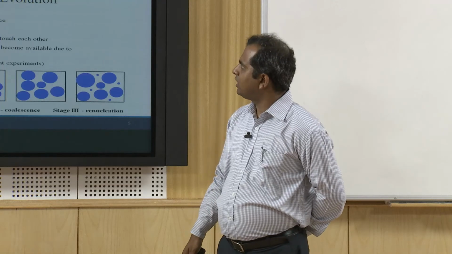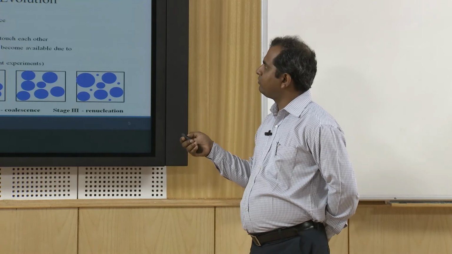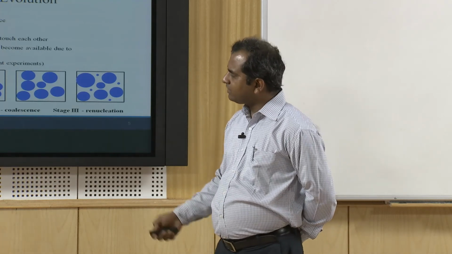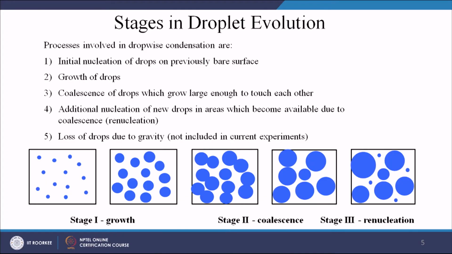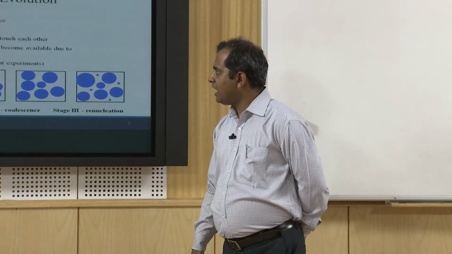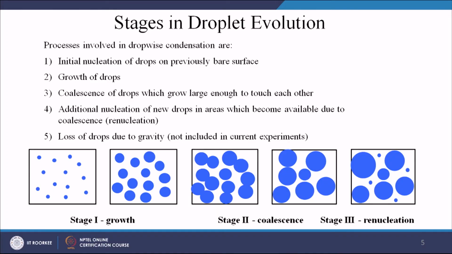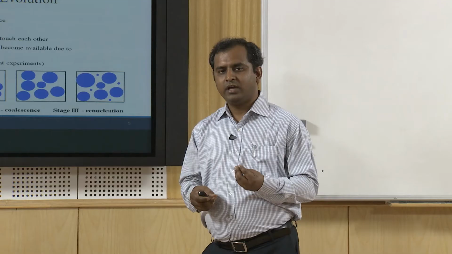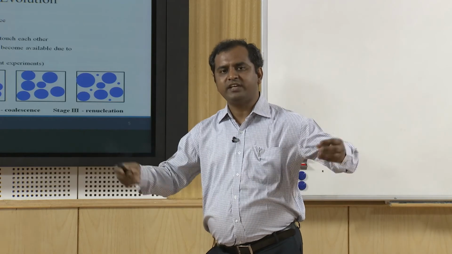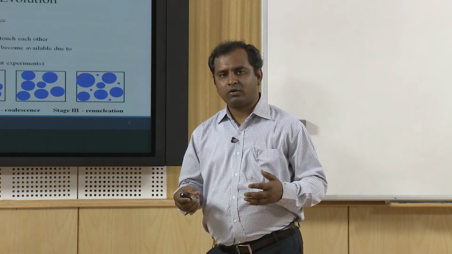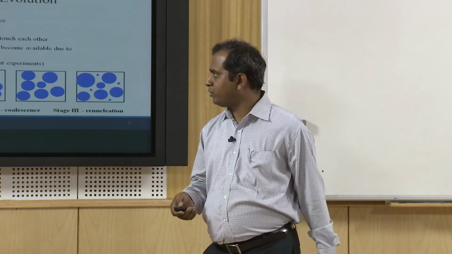Next, let us see how these droplets in dropwise condensation will behave over the surface. These are the different stages of droplet evolution. At the beginning, the droplets will be nucleating on the surface. At this time the droplets are very small, in the range of microns. Then those droplets will grow in size due to more and more condensation around them.